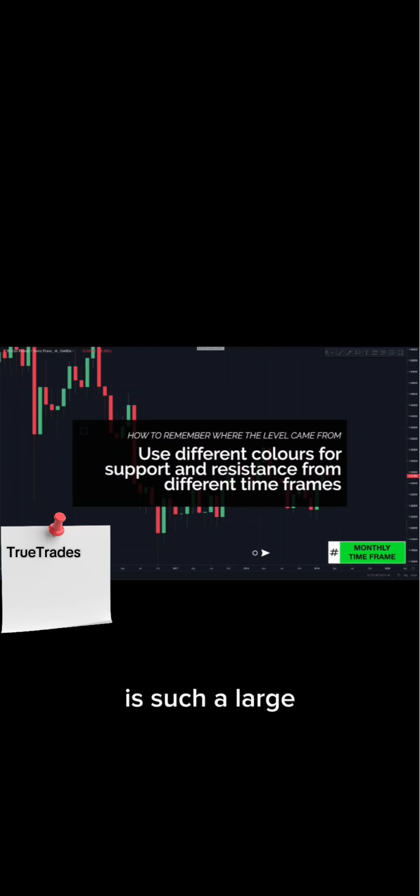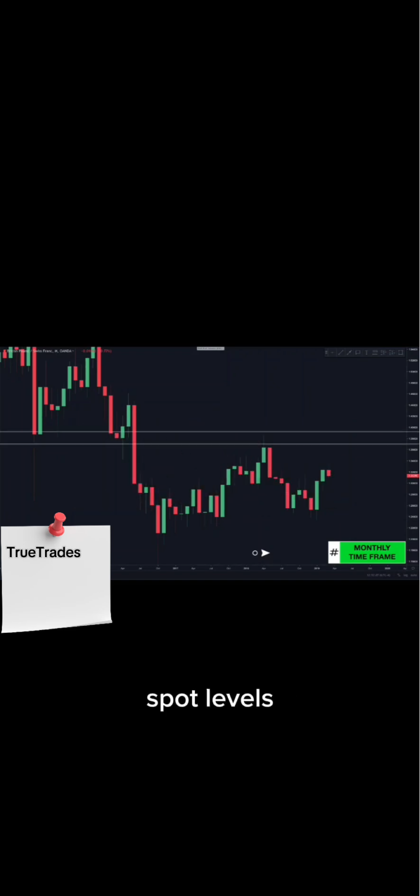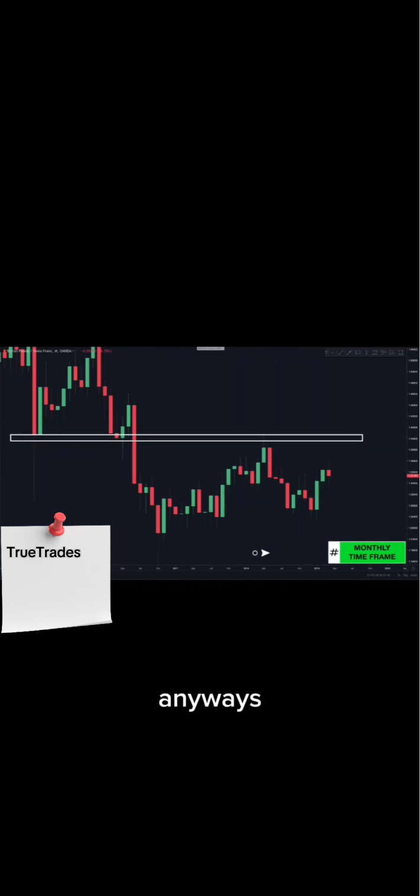Also, when you jump between time frames, you'll forget where the level of support or resistance came from. So to solve this, we'll make the monthly support and resistance levels a certain color, in this case green, and then the weekly level will be a different color. Again, starting from the top, we spot this obvious level up here, so we draw it in.